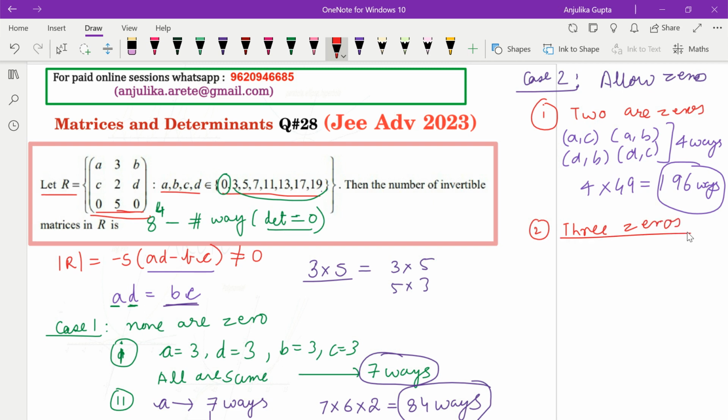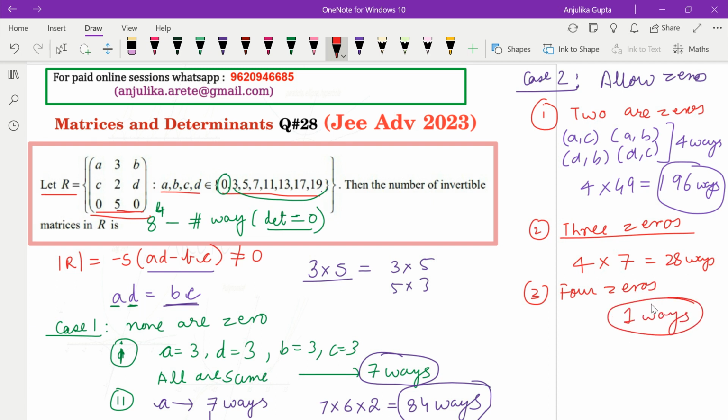Any of the 3 you can take to be 0, so 4C3, 4 possibilities. The remaining one can take any of the 7 values, so 28 ways. Now all 4 are zeros. Everyone is 0, only one way.